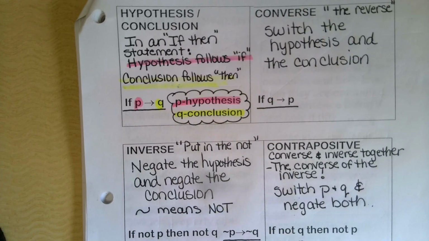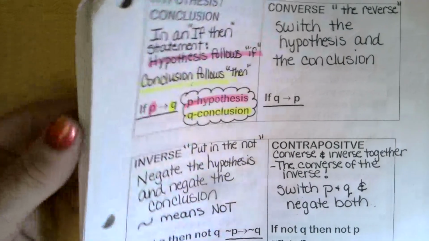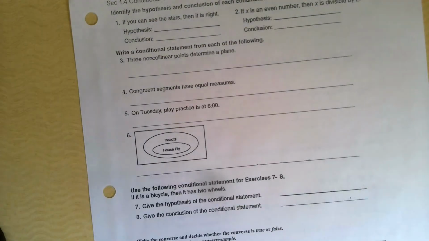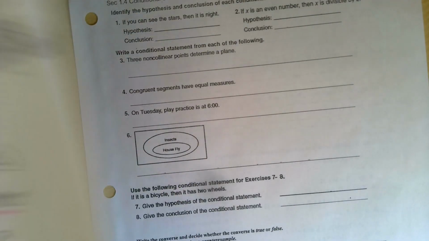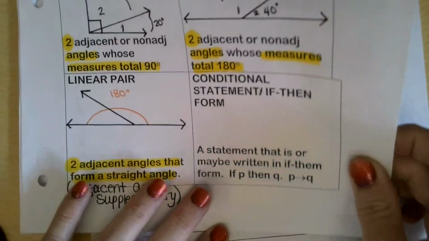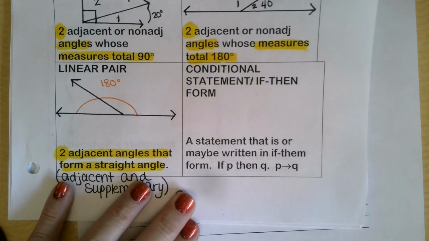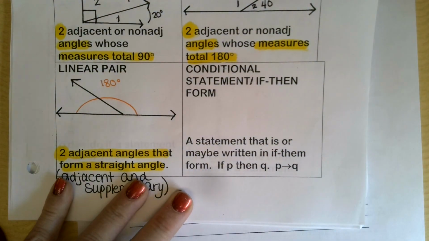All right, so when we have a conditional statement, oh, here it is. Okay, go back a page, page 9. Sorry, we got to get the conditional first. I knew I was missing a definition somewhere.